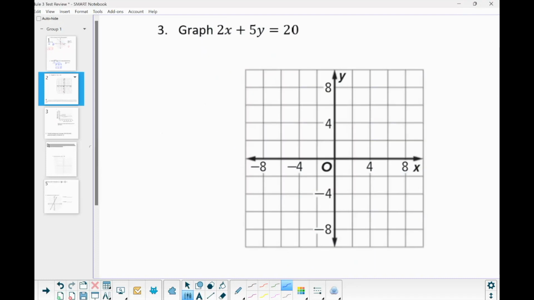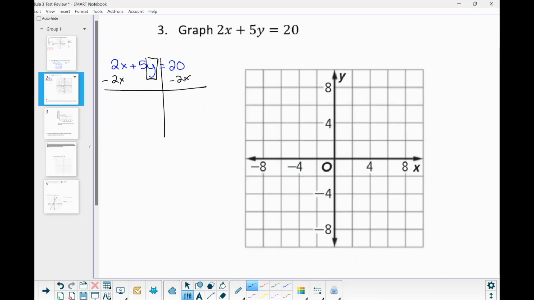All right, let's go to number 3. Number 3 is a lot like number 2, in that it is not in slope-intercept form, and I want to use slope-intercept form to graph it. So I'm going to get it into slope-intercept form. I'm going to start by isolating y, so I'm going to move everything else to the other side. I'm going to start with my x because I don't need it.